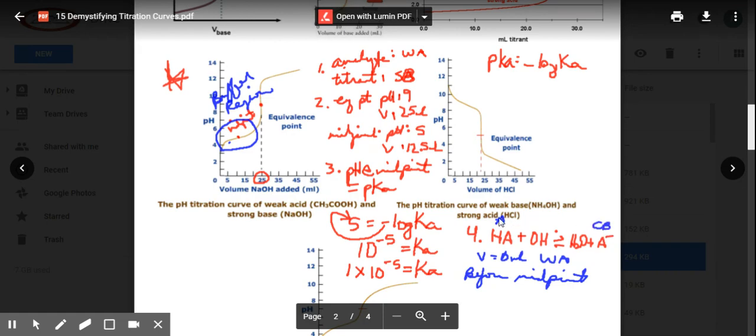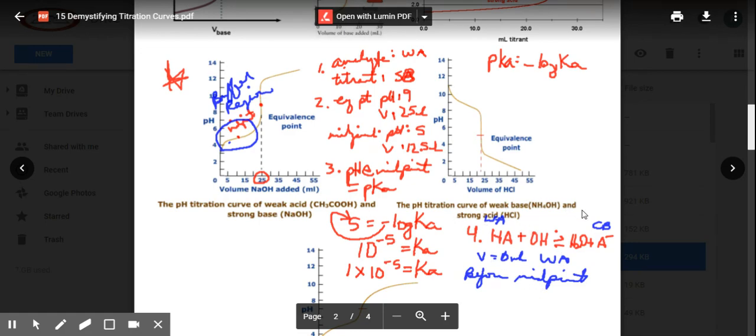A minus is our conjugate base, of the weak acid to be specific. So remember when I said what a buffer was? It was weak acid and conjugate base. Well, guess what? We have a buffer there. So both of these species are present throughout this whole entire buffer region.